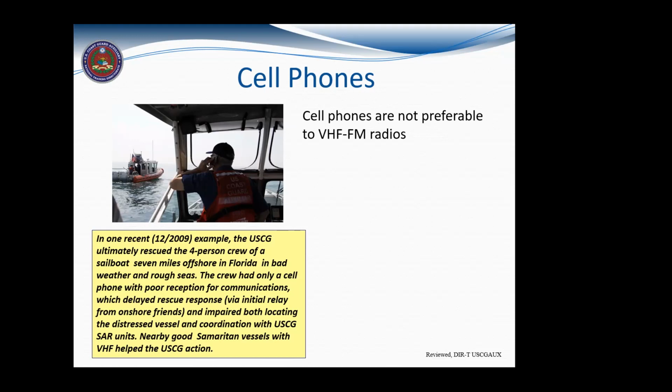And while you may be talking to the sheriff or the Coast Guard or the fire department, the person that's half a mile away from you is not getting the information that you need help. So on the water, we still recommend the use of a radio for safety purposes.